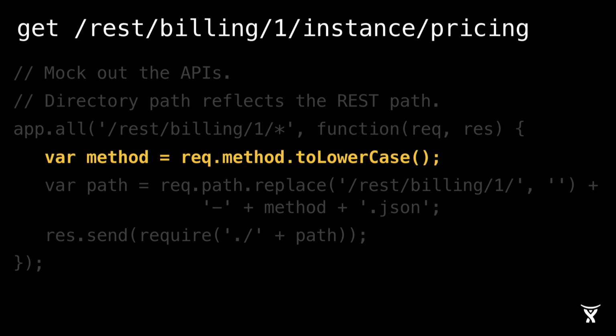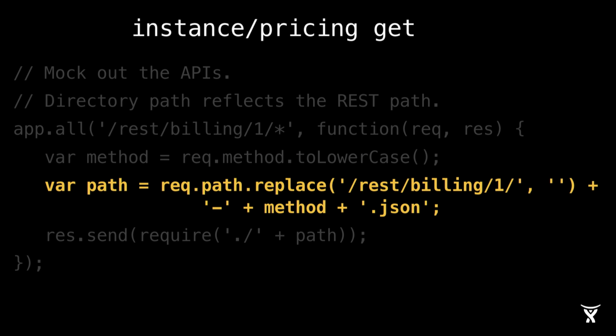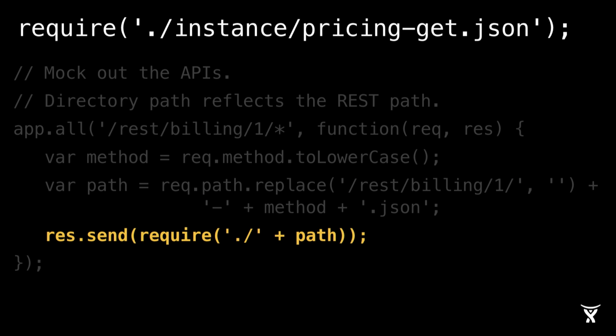Firstly, we would lowercase the method. Then based on the URL, we would rearrange it a bit in order to get a file path. Once we have the path to a file on the file system, we would get this file from the file system and return it as a response. So extremely simple. Based on your URL, we go and grab a file off the file system and return the response.